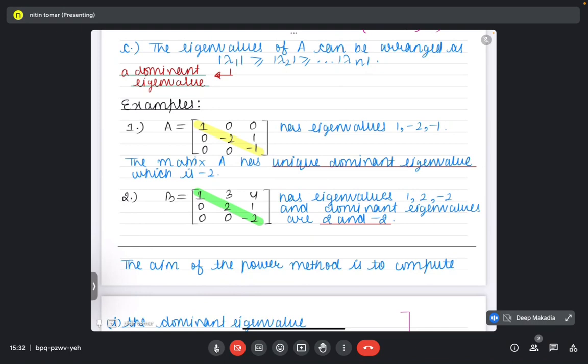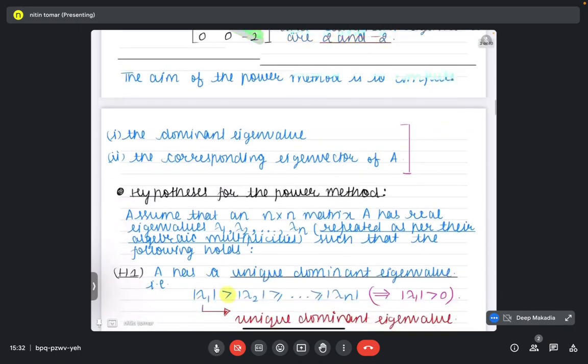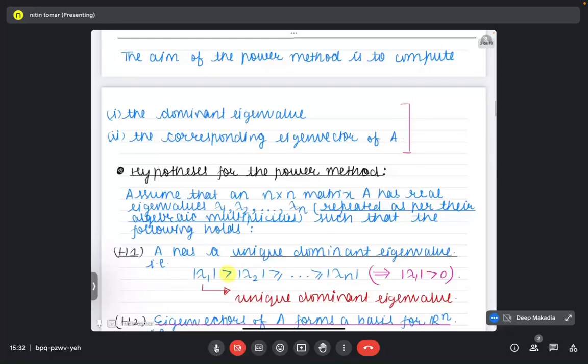Now in third case, yeah, so now let us move towards the power method.